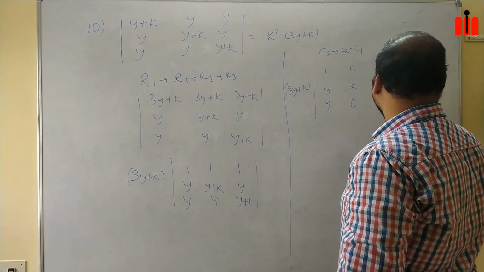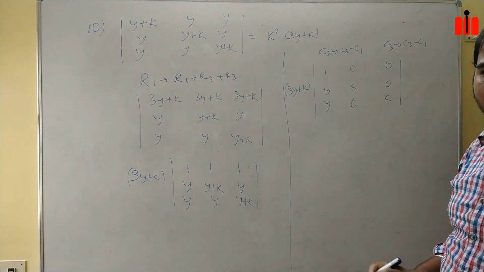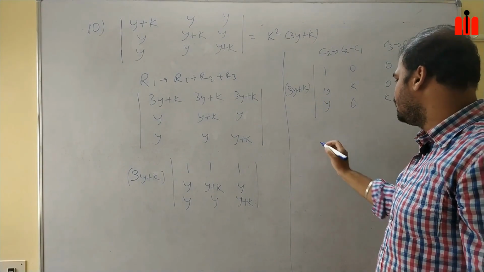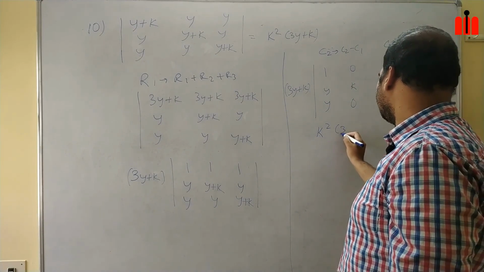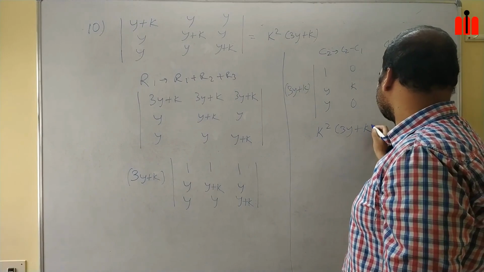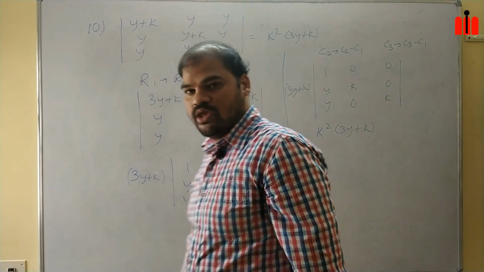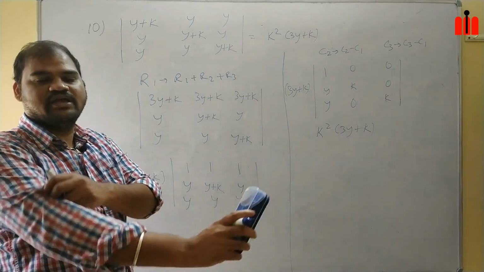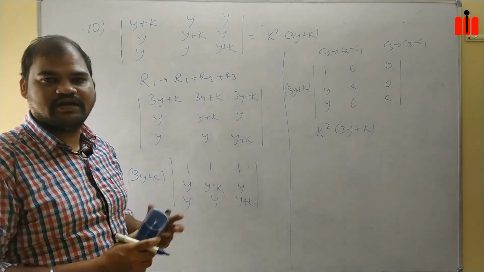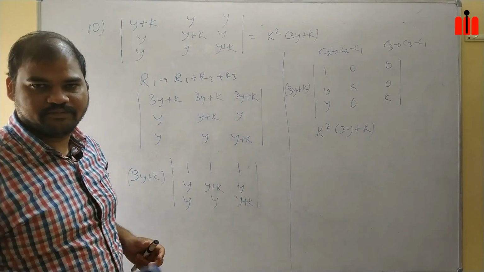So we will expand through R1 now. We will expand through R1, so it will be k square. So the answer will be k square into 3y plus k. Okay, you got the RHS, k square into 3y plus k. Okay, this completes problem number 10. Let's move on to problem number 11.